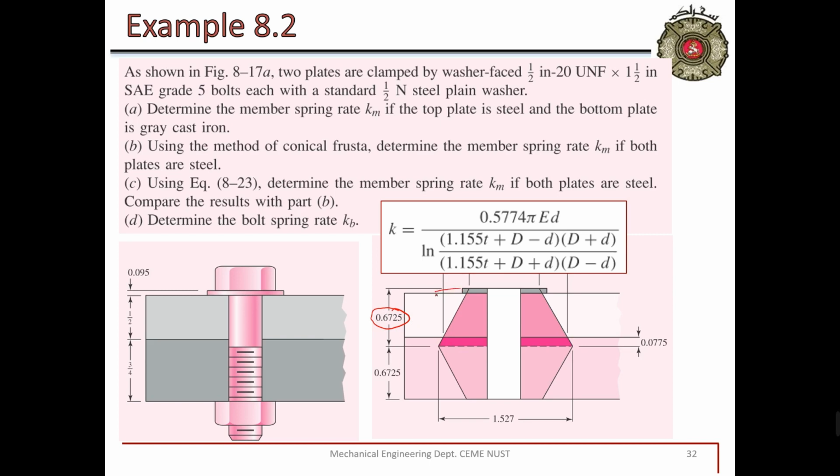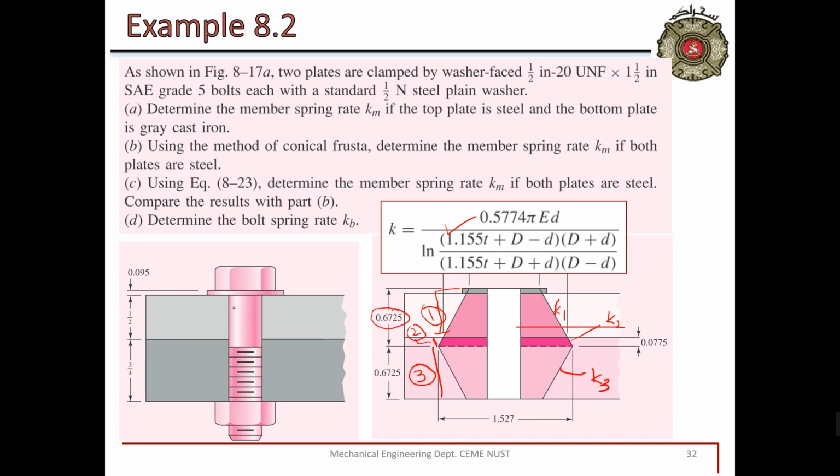Starting from here to here we have one frustum, from here to here we have the second frustum, and from here to here we have the third frustum. So we have to use this equation 1, 2 and 3 times. From here we will get K1, from here K2, and from here K3. Once we have K1, K2 and K3, we can just sum them together: 1 by K1 plus 1 by K2 plus 1 by K3 will give us 1 by Km.